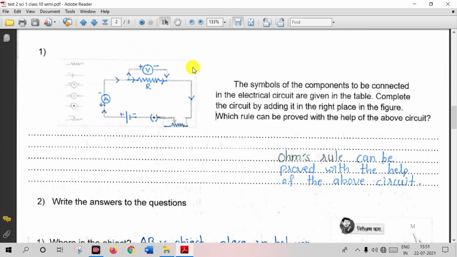And this whole diagram shows a rule. That rule is Ohm's law. Ohm's law can be proved with the help of the above diagram.